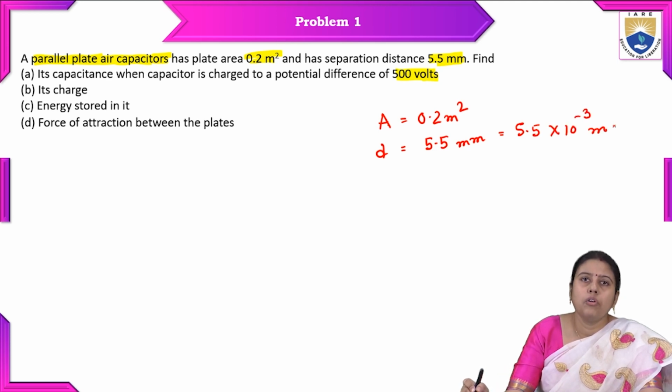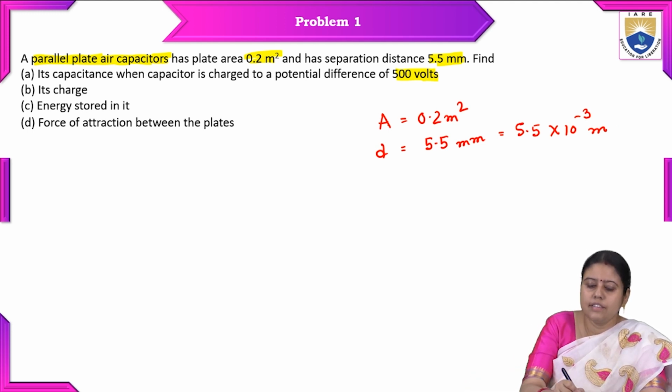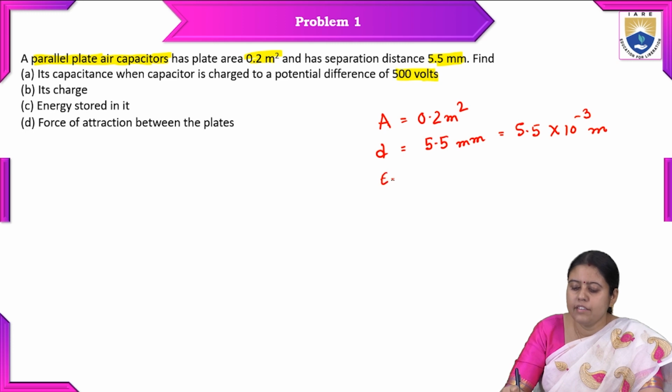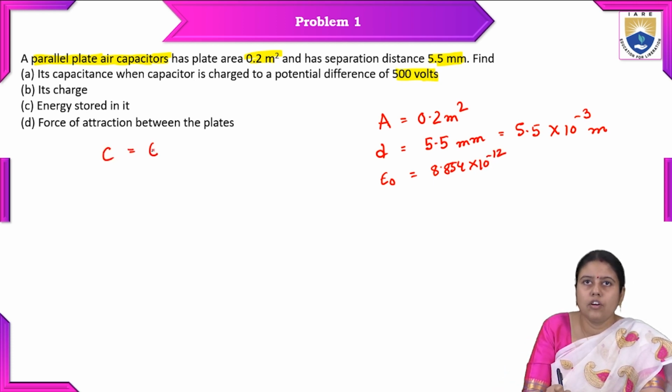Remember one thing, always the unit should be in meter. We know this is an air capacitor, so epsilon is epsilon naught, the permittivity of free space or vacuum, equal to 8.854 into 10 to the power minus 12. So we know capacitance C is equal to epsilon A by D.